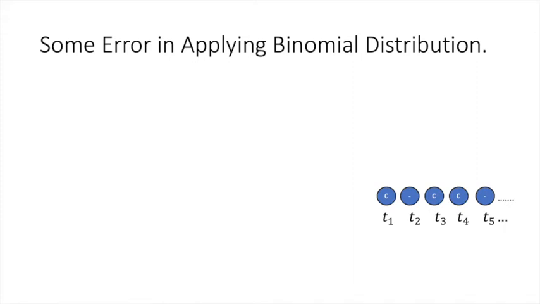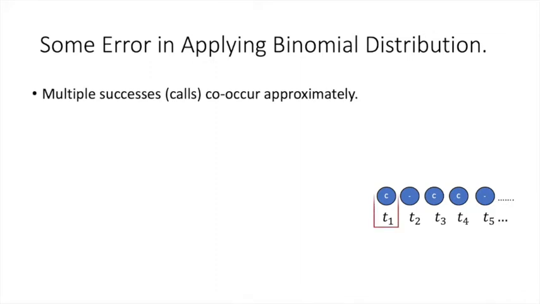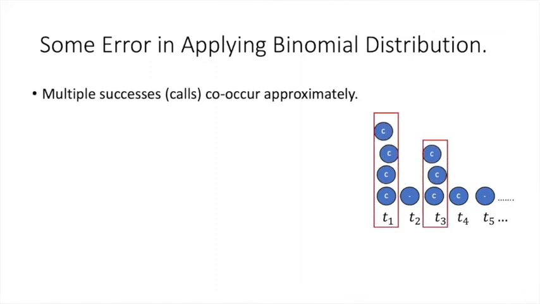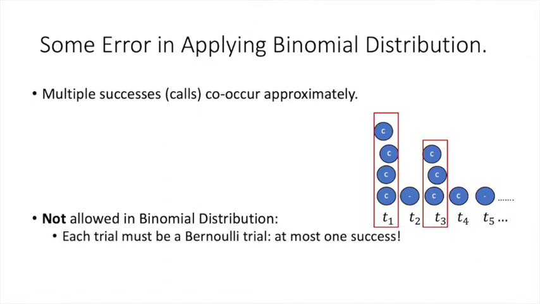Okay, so before proceeding, consider this. It is possible for multiple calls to occur almost at the same time. Now that is not allowed in a binomial distribution. Notice n in a binomial distribution represents the number of independent Bernoulli trials. And each Bernoulli trial, by definition, can have at most one success or a failure.